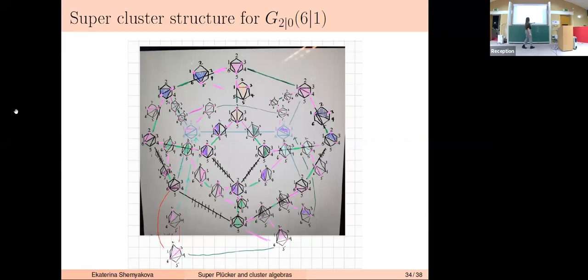So we proposed cluster algebras, or hypothesized them, for Gr(2,0|1). And in our construction, which I can draw for you infinitely, every cluster has two odd cluster variables and three even ones.